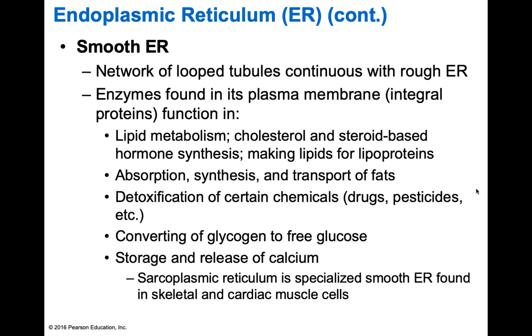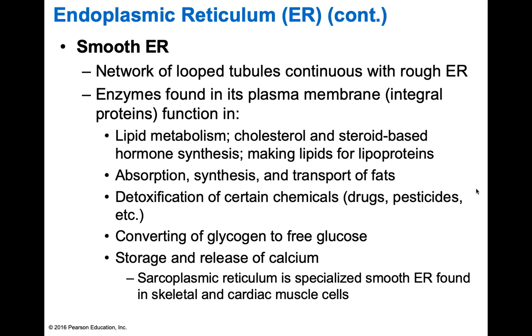So alternatively, we have the rough ER's analog, the smooth ER. It's a network of looped tubules that are continuous with the rough ER, so it's all attached together. And again, the ER is continuous with the nuclear membrane. We have enzymes that are found in this membrane to function doing the following: lipid metabolism. We have absorption of some of these lipids.